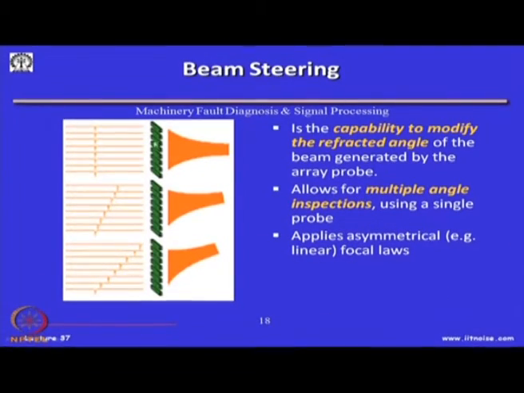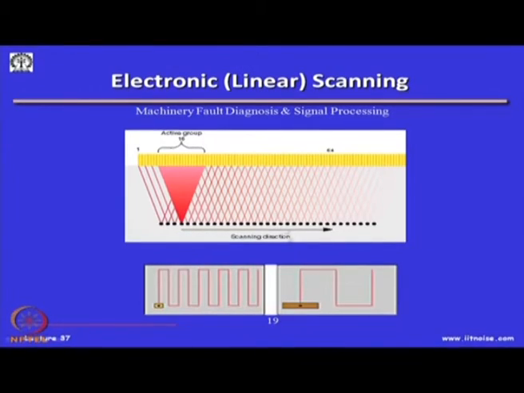These are the phased arrays, the green ones, but you can see that by changing the control circuit, many configurations are possible. Beam steering, straight, inclined, asymmetrical, and so on can be done, and this will help you to find out the flaws.